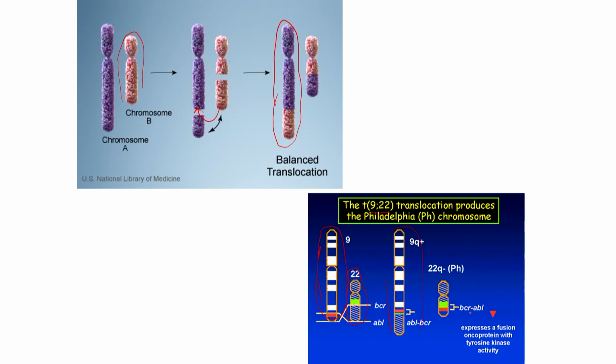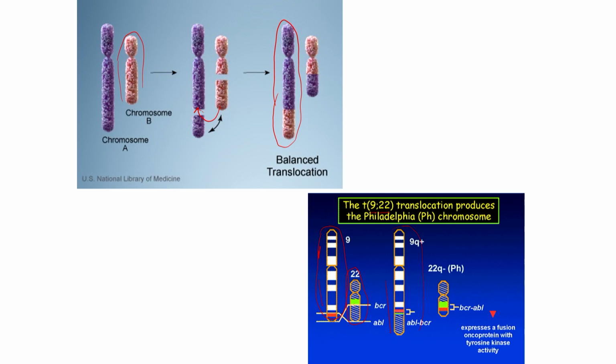ABL gene is very well regulated. It has a lot of regulatory regions, and they are regulated by various factors. Now when ABL is fused with BCR, those regulations have gone. As a result, this now drives the cell toward division, and that results in cancer.